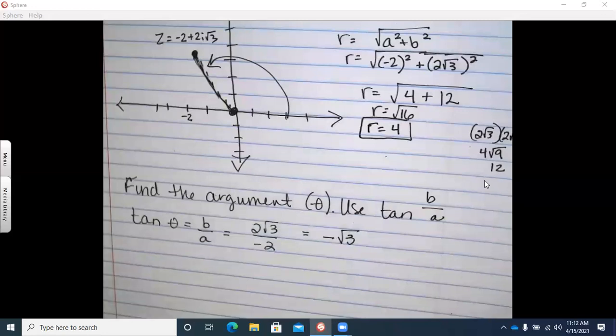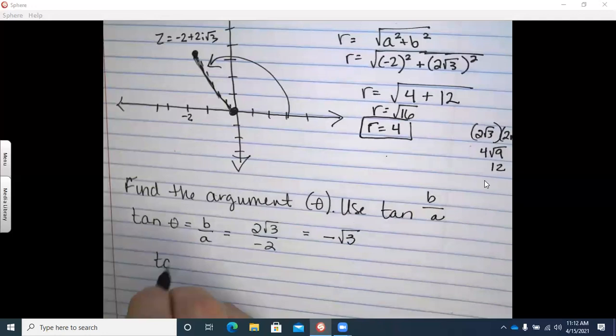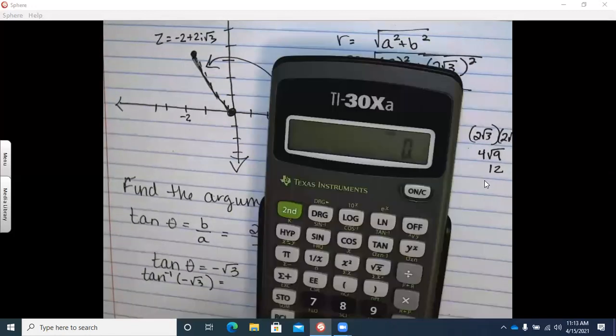So I know the tangent of theta, but I don't know what angle theta is. So if I know that tangent of theta is negative square root 3, how can I find theta? Inverse tangent. So inverse tangent of negative square root of 3. Let me use my calculator. So let's do 3 square root, make it negative.